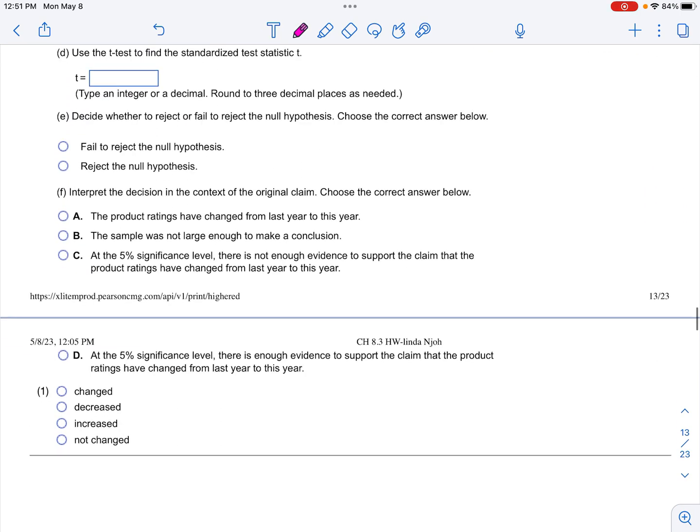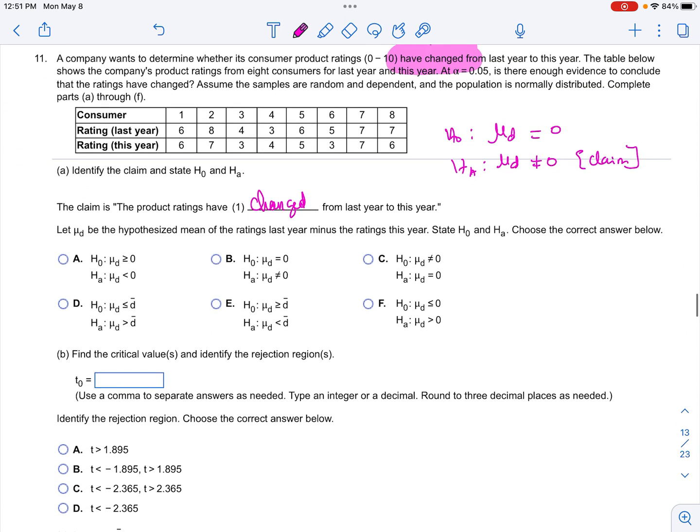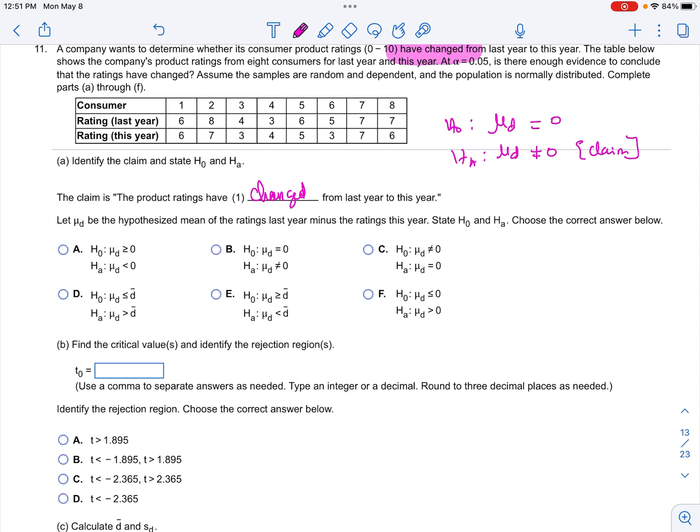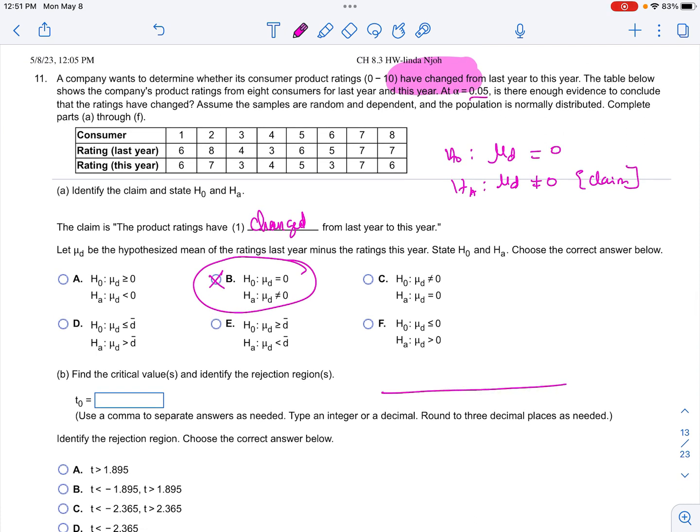So look at the choices down below. Changed. That's it. So we have a two-tail test, so our choice should be this, B. If it's a two-tail test, we already know we split the alpha in 2 for the critical region, yes? So this should be alpha over 2, which is 0.025.